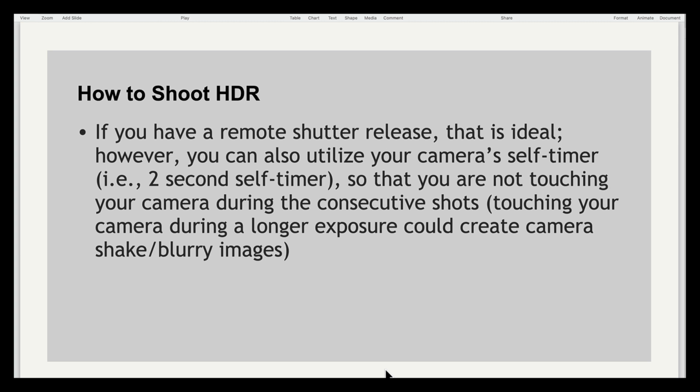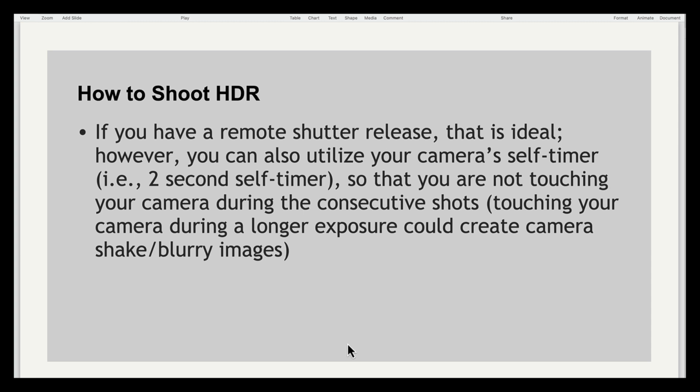Also, when shooting on a tripod, you're going to be taking a series of shots. Some of those exposures might have a longer shutter speed. So another recommendation is to utilize a remote shutter release if you have one. If you don't, you could utilize your camera's self timer, maybe the 2-second self timer.